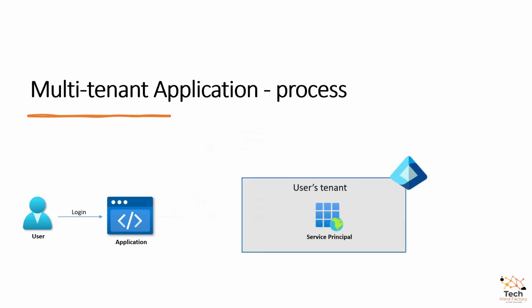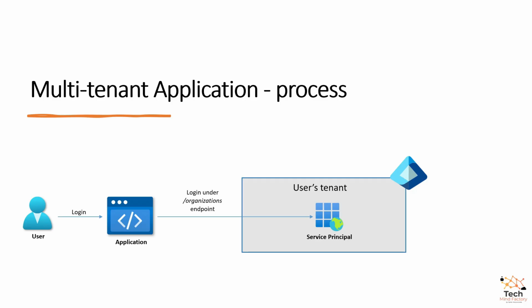So once the user is authenticated, then the user is actually using a service principal underneath to authenticate. So it means that if we go to this user's tenant enterprise application section in Microsoft Entra ID, we will see the service principal that was created for this application registration that was created in the developer's tenant, right?